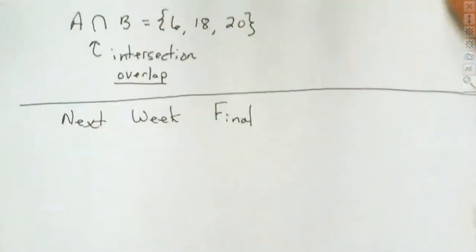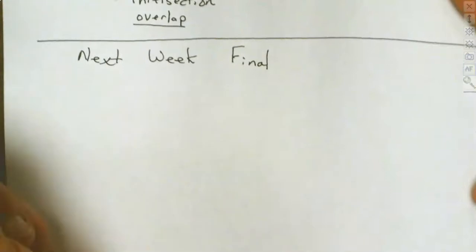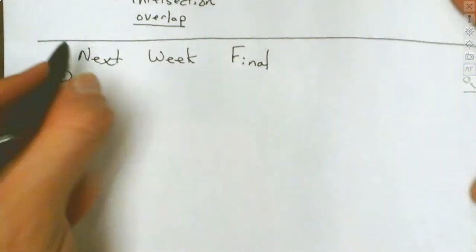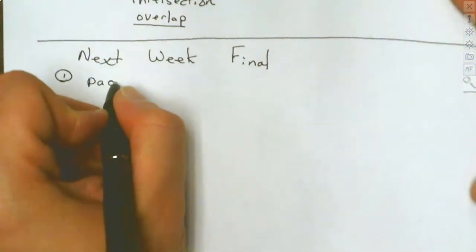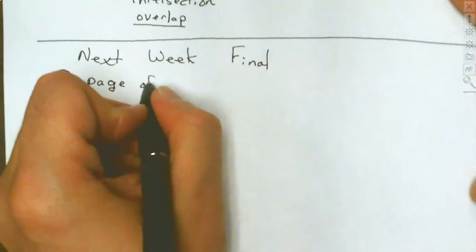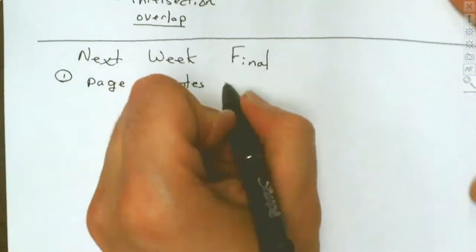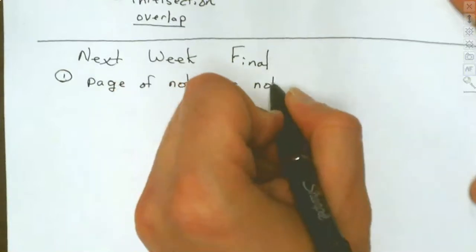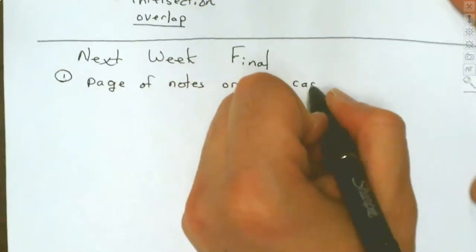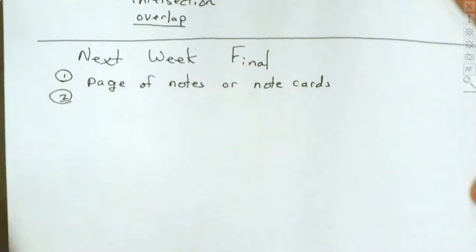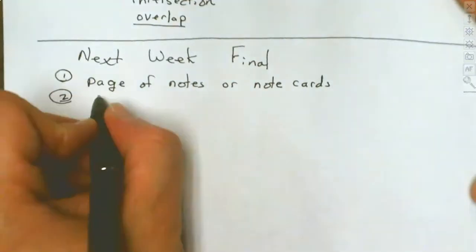So our final is going to be next week. And what do we need to make sure that we bring for our final? Well, you can have either a page of notes, or note cards. You can also bring in that flow chart if you want to. If you think you need to bring in that flow chart, you can bring that in as well.